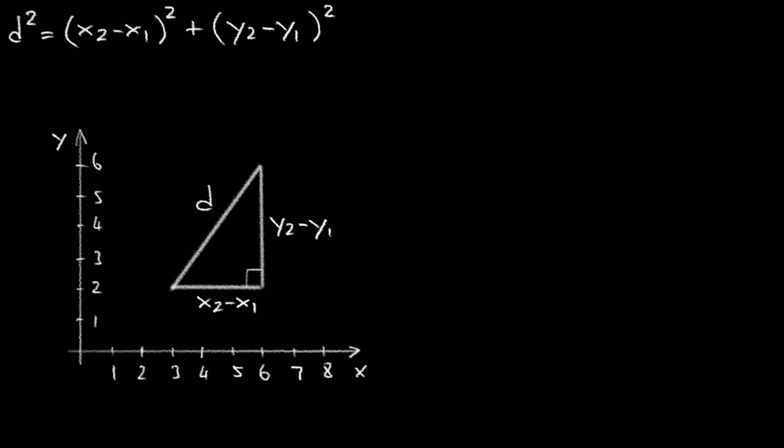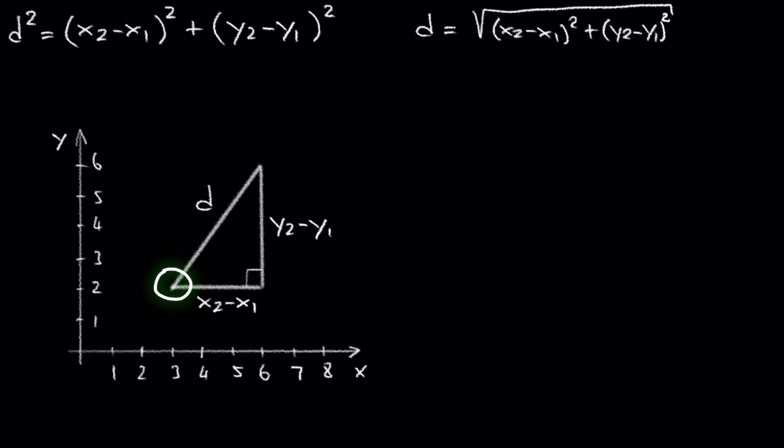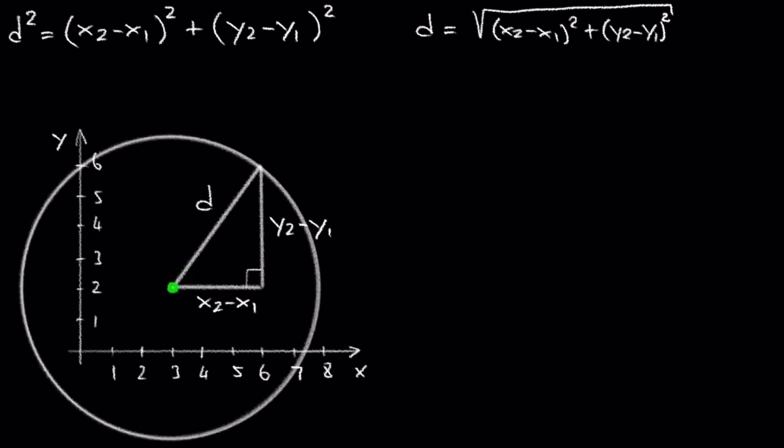And after taking the square root from both sides, we got d equals the square root of (x2 minus x1) squared plus (y2 minus y1) squared. Now, when we think of this point as the center of a circle, we get the standard equation for a circle: (x minus h) squared plus (y minus k) squared equals r squared.